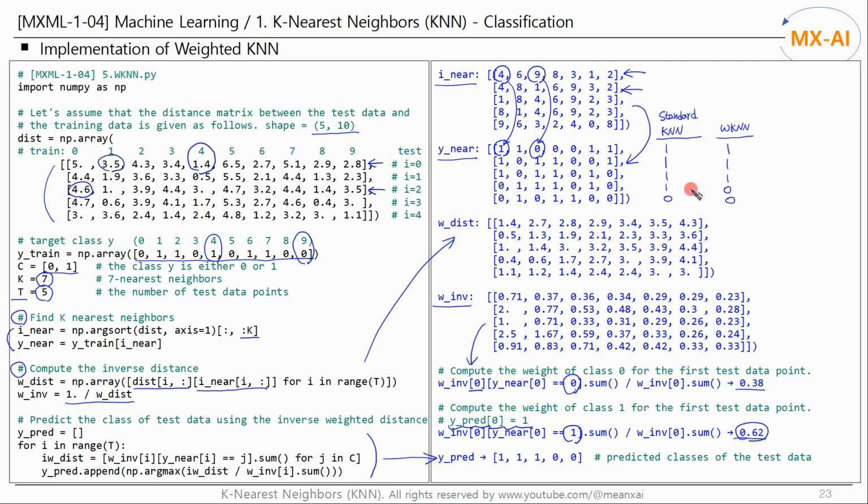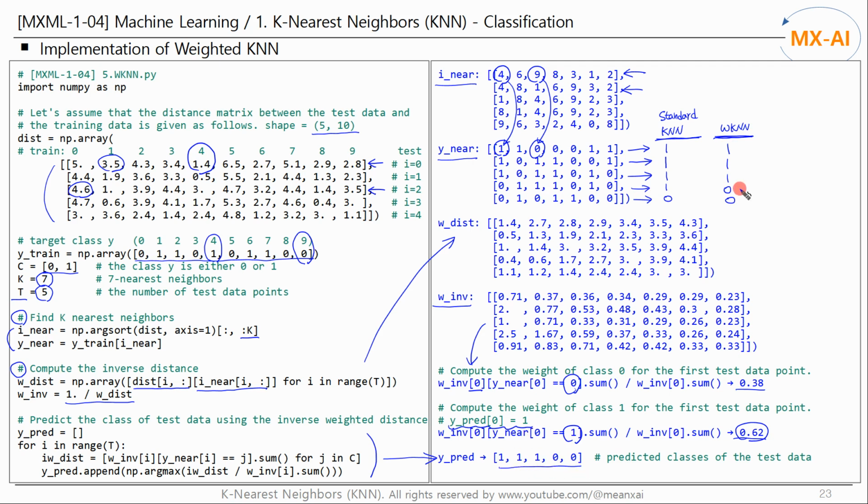Let's compare the prediction results of the standard KNN and weighted KNN. Since the standard KNN uses majority voting to determine the class of the test data, the prediction results will be as follows. However, weighted KNN classifies the test data as follows, as we just saw.